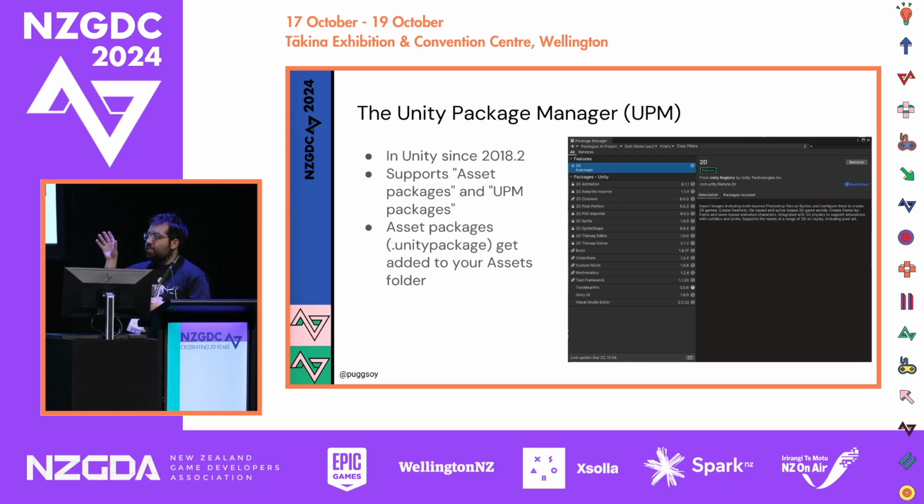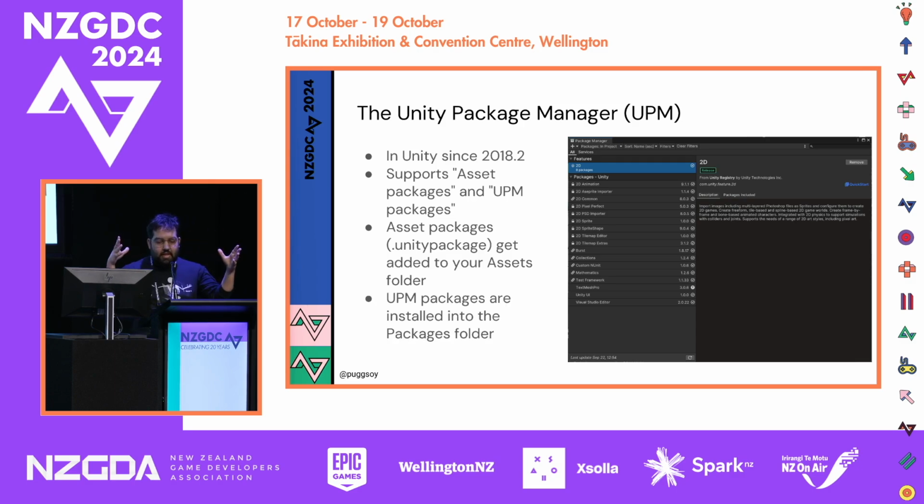But the main difference here is that these get added to your assets folder, whereas UPM packages don't. They get installed into the packages folder, and the main difference there is that packages can be updated dynamically, and they come into your project and get used, but they don't take up any space with your main project's assets.